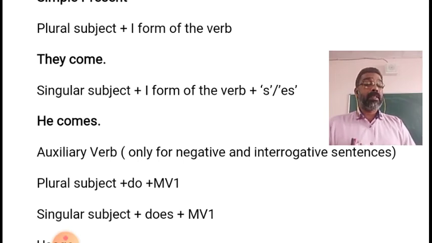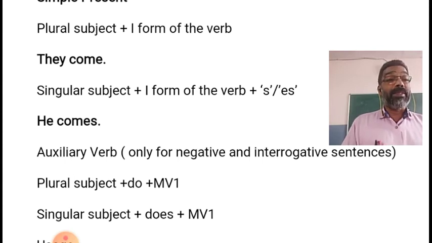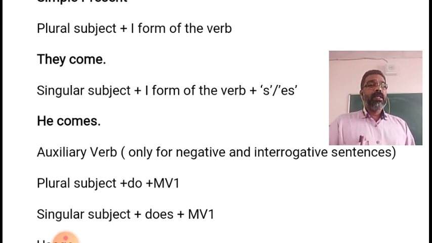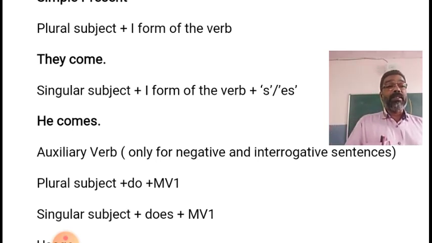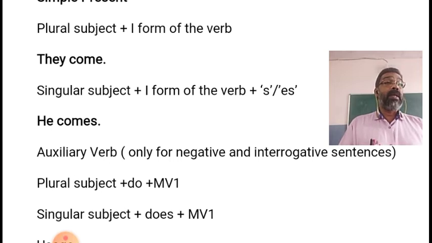In simple present tense, we use auxiliary verb do or does only in the negative and interrogative forms. If the sentence is a negative sentence in simple present, or an interrogative sentence in simple present, then a helping verb is needed, that is do or does.